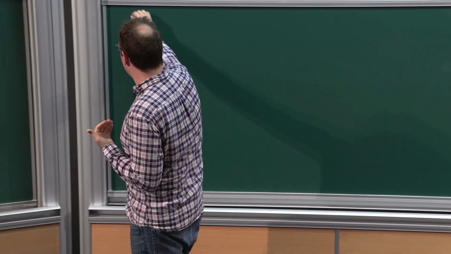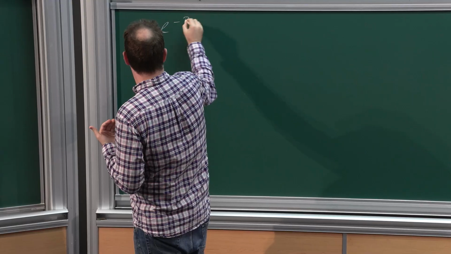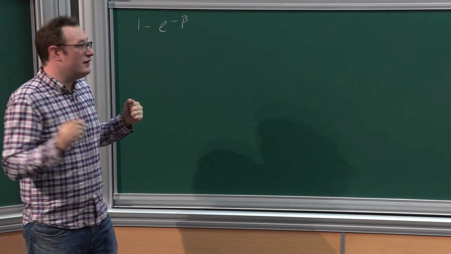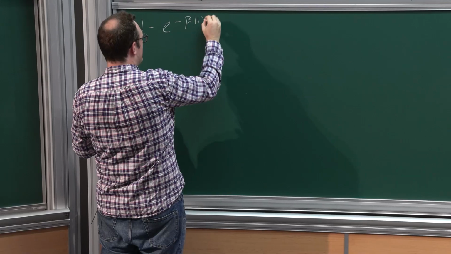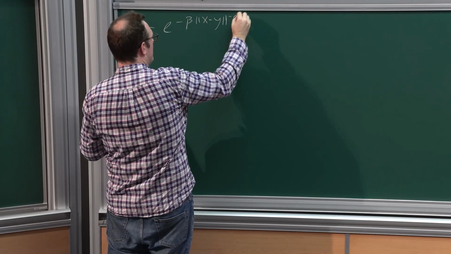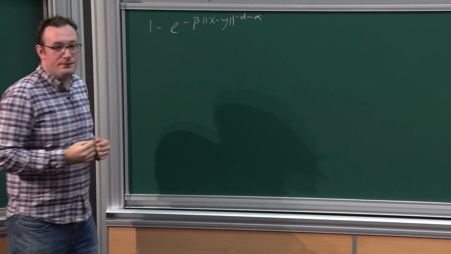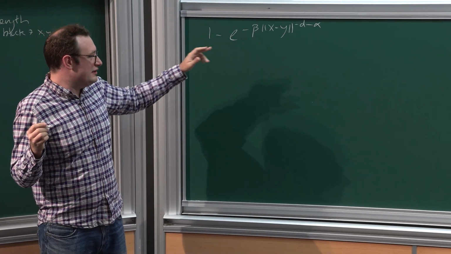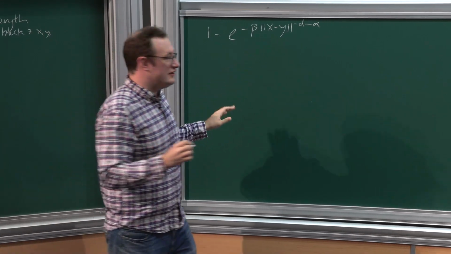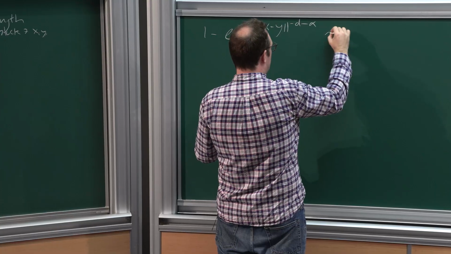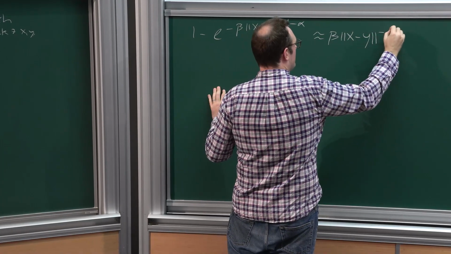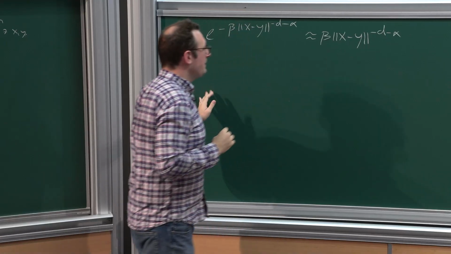So just as a quick reminder, we consider percolation where any two points on Z^d can be connected by an edge, and the probability that the edge between x and y is this. It's 1 minus e to the minus beta times the distance to the minus d minus alpha, which of course when the points are far away from each other is approximately just this.